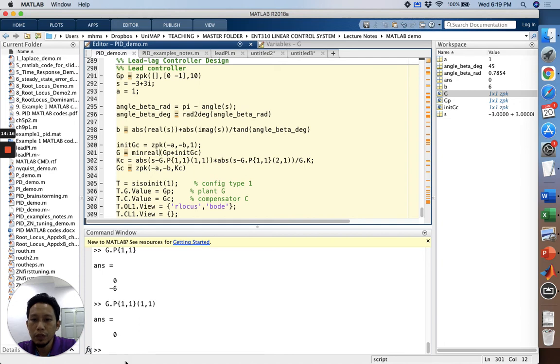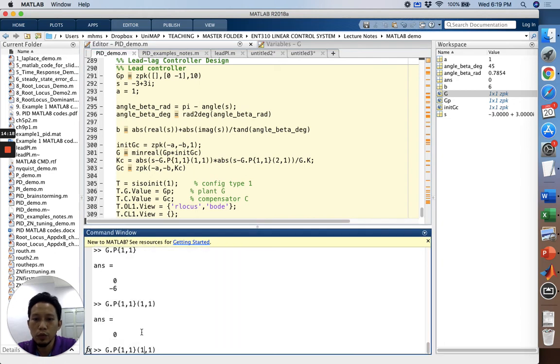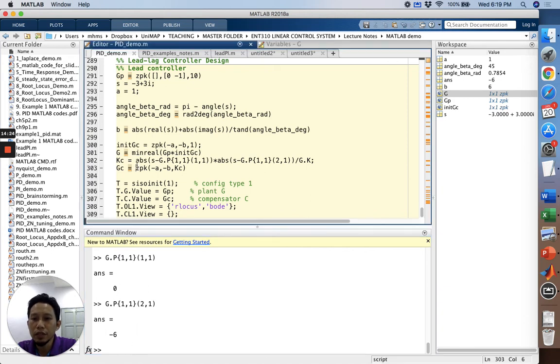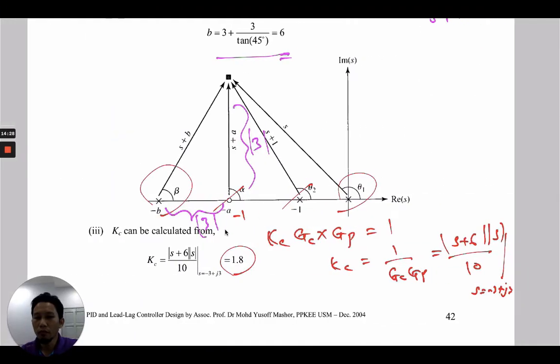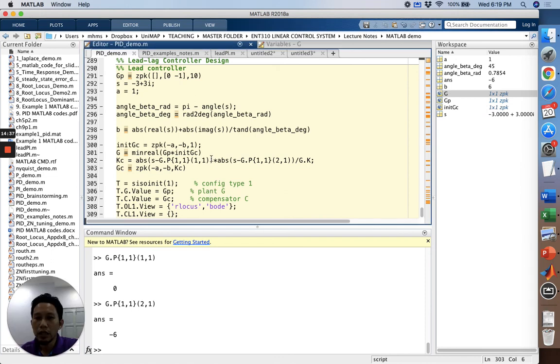If we call 2,1, which is row number 2, we have negative 6. Okay, so that is why, we calculate Kc here as s plus 6 times s over 10. So I can call using this formula, which is the absolute value of s minus g.p.